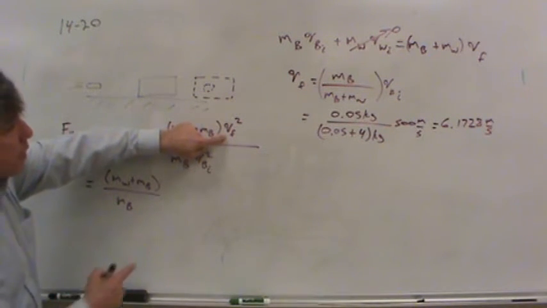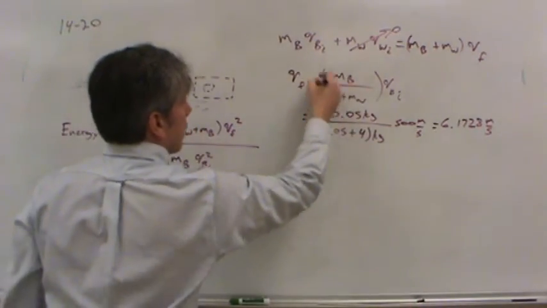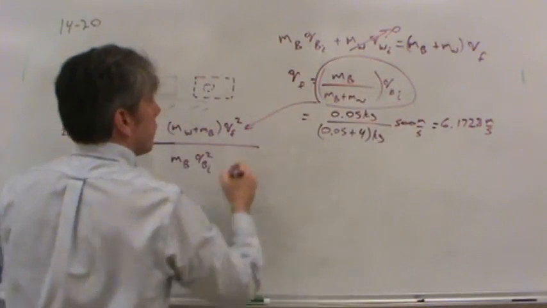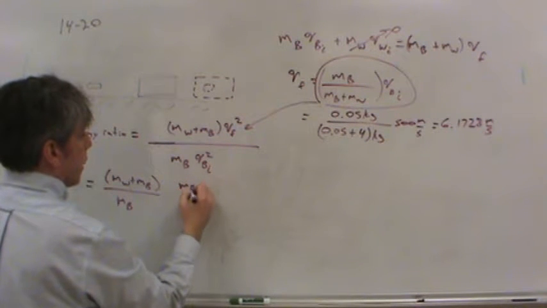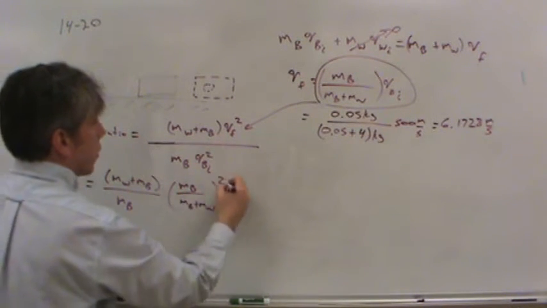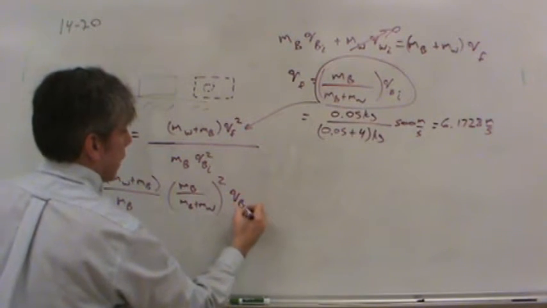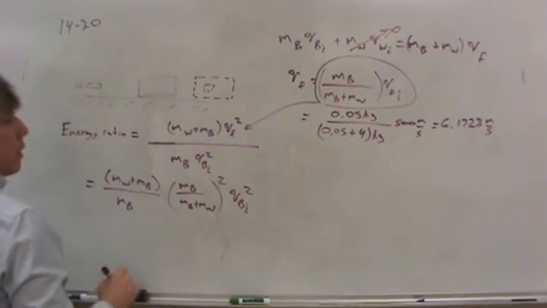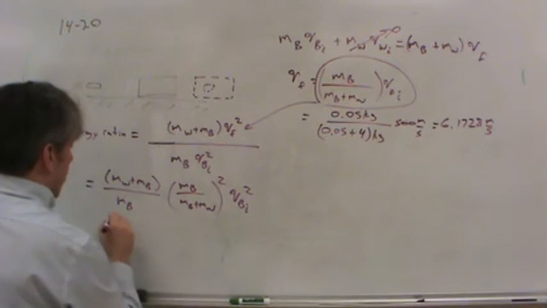So if I plug all of this in for VF, I'd have MB over MB plus MW squared, VBI squared. Okay, so that takes care of this term.